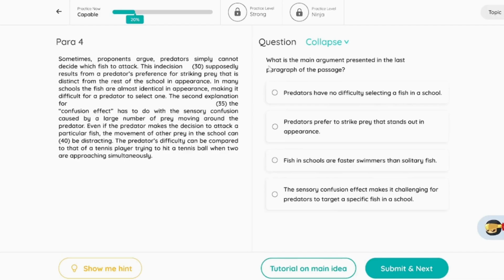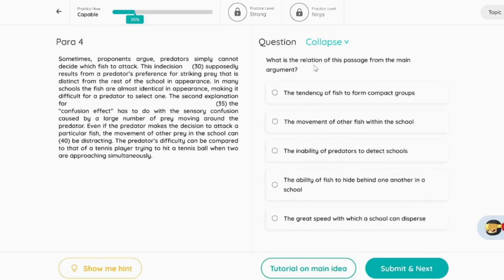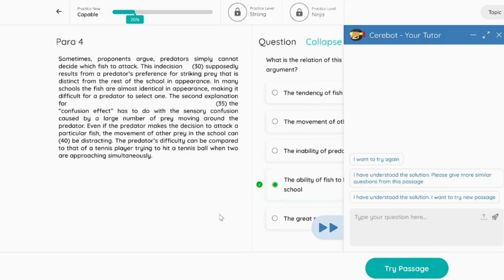What is the main argument presented in the last paragraph of the passage? Now Cerebry makes sure that the student has understood simpler paragraphs and gives a few options to try again or similar questions or to even try a new passage. Let me click on the similar questions from this passage.